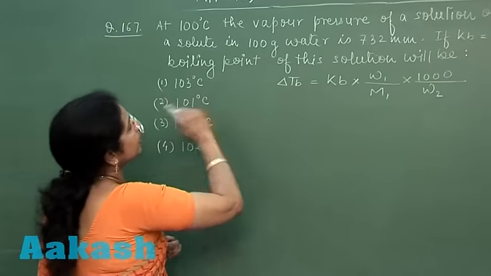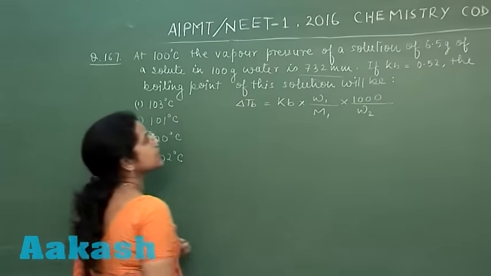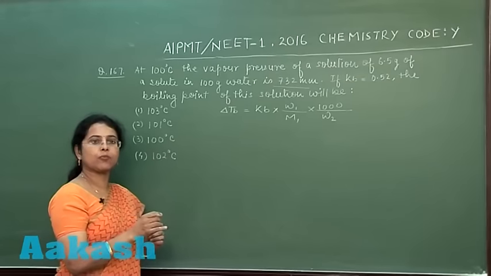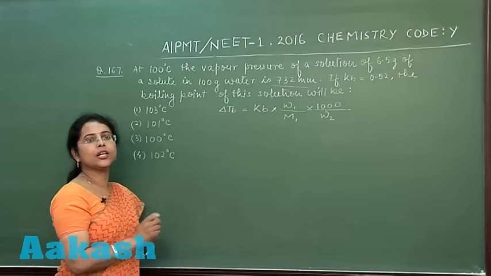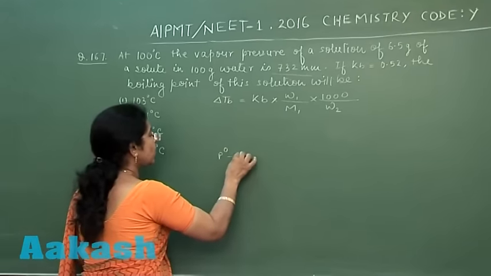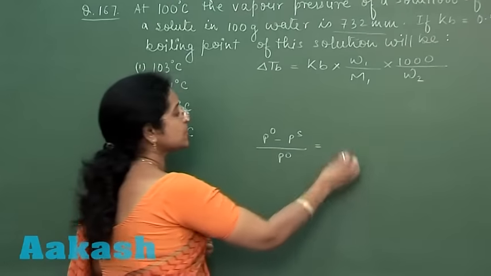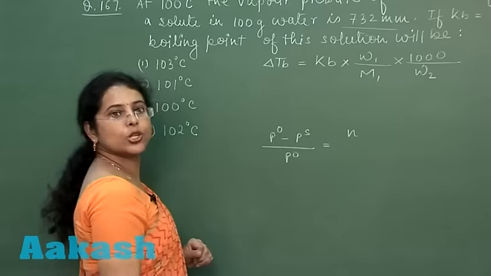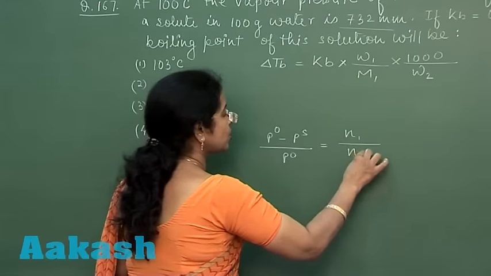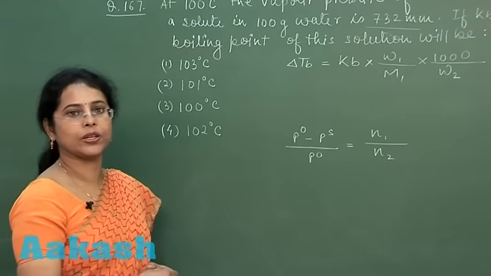The data is given. When solution is formed, its vapor pressure is 732 mm mercury. It means we can apply the formula of relative lowering of vapor pressure. So write here P naught minus Ps upon P naught. This is equal to mole fraction of solute. This one is number of moles of solute, and in denominator I am taking number of moles of solvent.